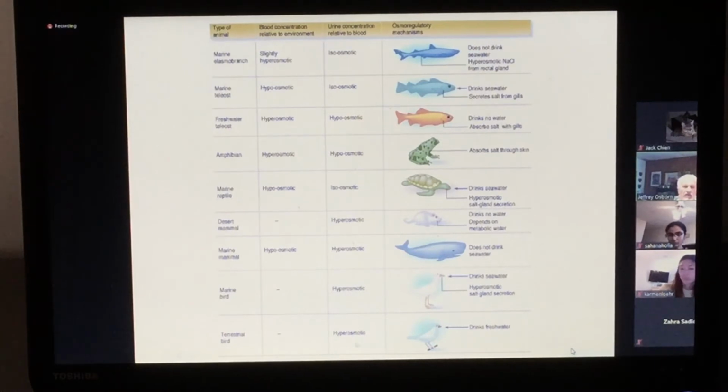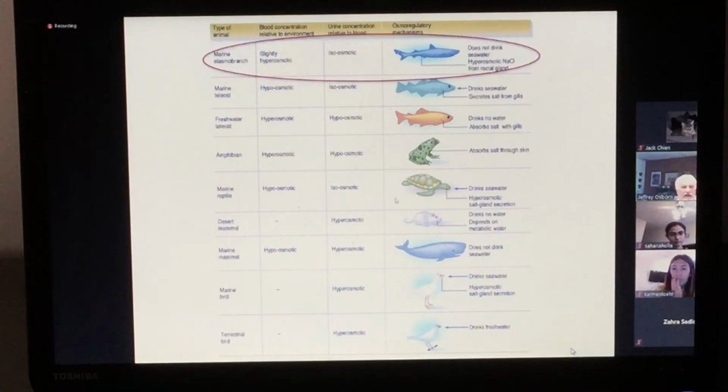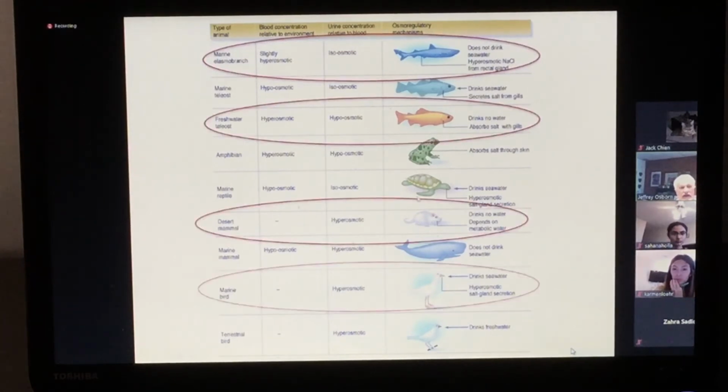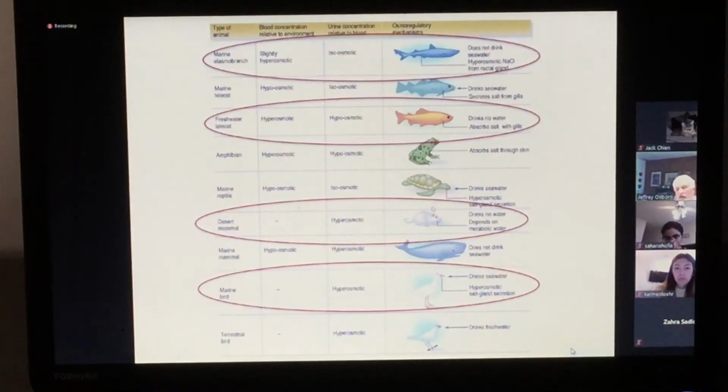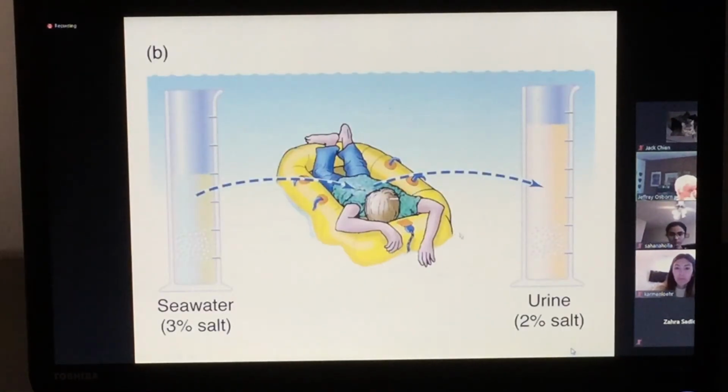So we've evolved throughout the animal kingdom in many different ways to regulate our sodium concentrations in our extracellular fluid in order to keep our body fluid volumes constant. Now, what about us? What about humans? You're floating at sea, and seawater is somewhere between 3% and 5% sodium chloride, salt.